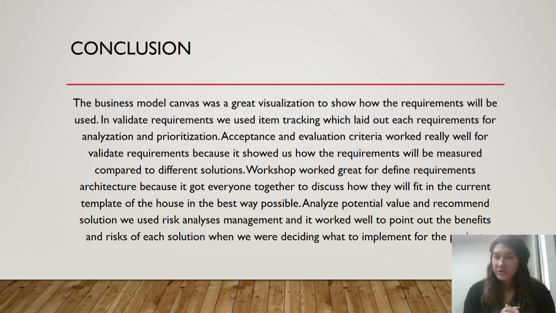Workshop worked great for define requirements architecture, because it got everyone together to discuss how they will fit in the current template of the house in the best way possible. And analyze potential value and recommend solution, we used risk analysis management, and it worked to point out the benefits and risk of each solution we were deciding to implement for the project.